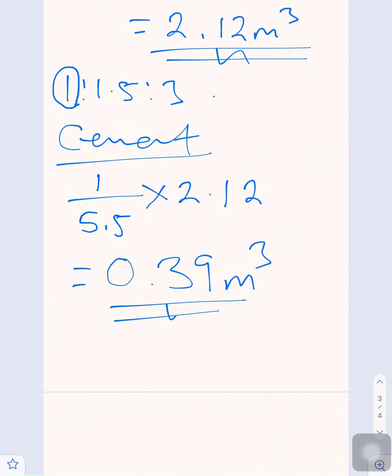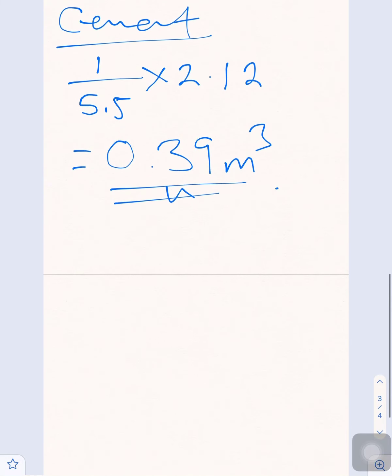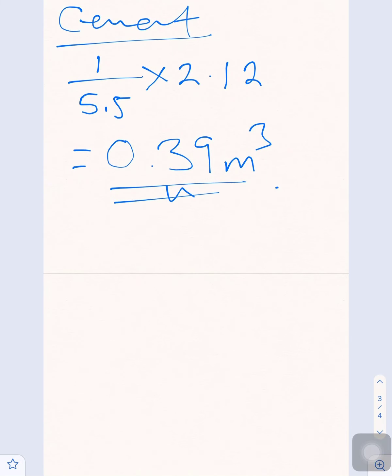This is the amount of cement that is included in that volume of dry concrete that we have calculated. But our aim is to know how many bags of cement we are going to use. We understand, because we have studied as engineers, that 1 cubic meter is equivalent to exactly 1,440 kgs of cement.